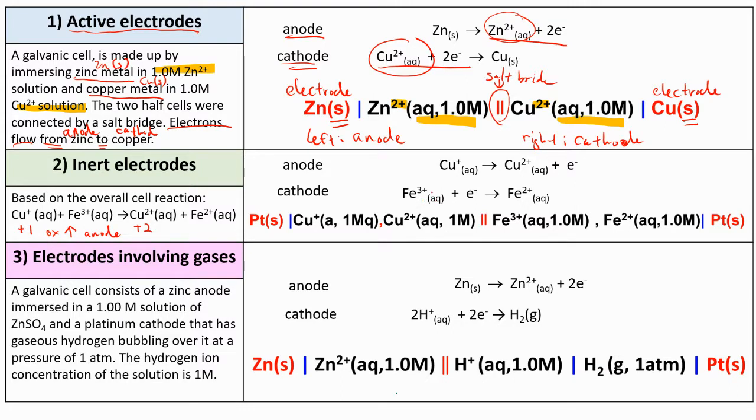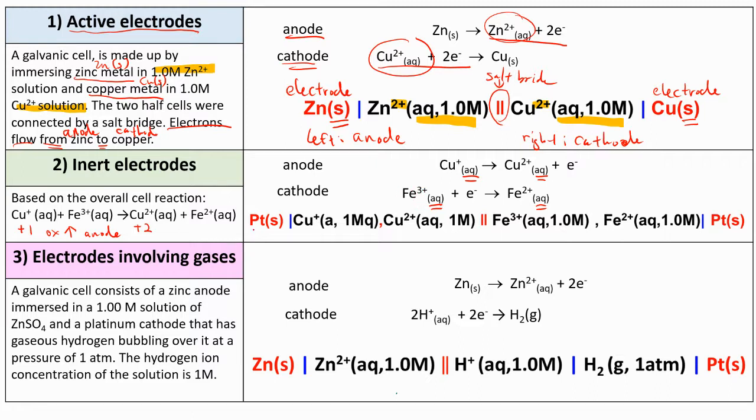But look carefully at our equation. There is no solid in our half equation. So what we do is, it means that it is not using an active electrode. It means I will not be using copper metal, and I will also not be using iron metal.